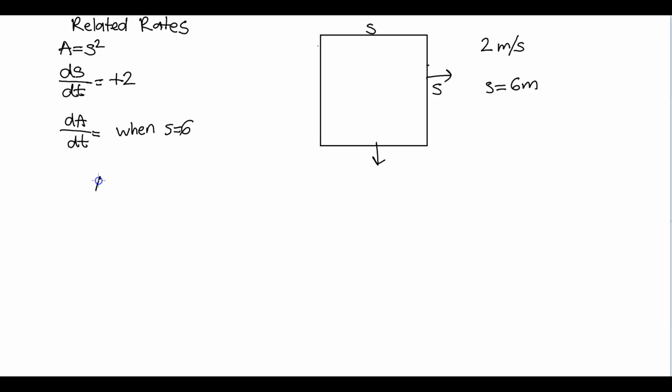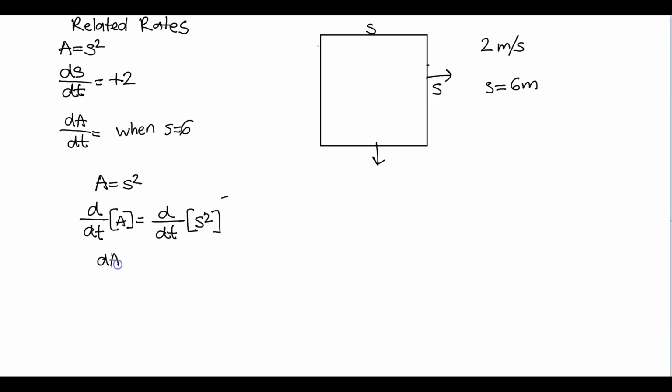So what you want to do is basically use implicit differentiation to get the derivatives with respect to time. These are rates, so you want to differentiate with respect to time. So you have the derivative of A equals the derivative of s squared, performing implicit differentiation with respect to time.